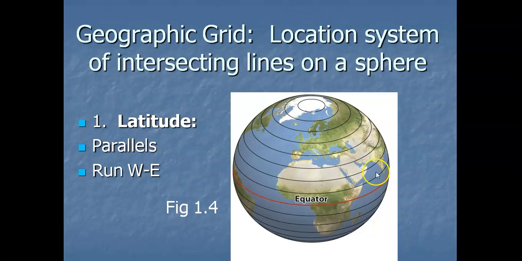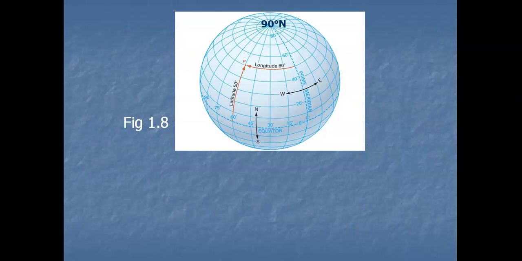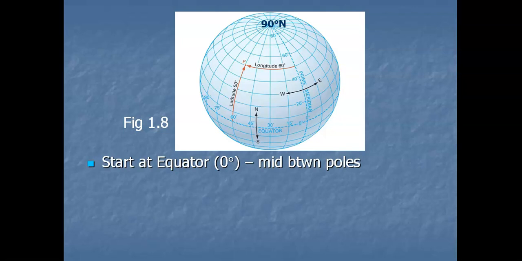On a flat map, these are the lines that are horizontal, but on the globe, on a sphere, you would say that these are the lines that run west to east, or east to west, either way. All right, let's talk about the counting system of lines of latitude.